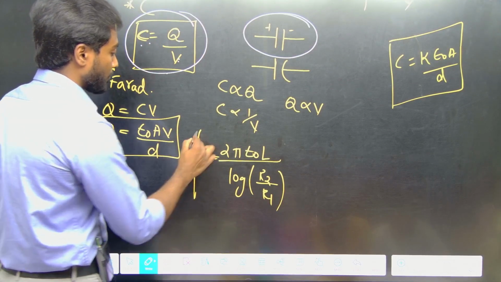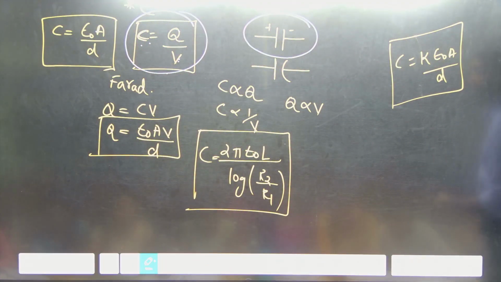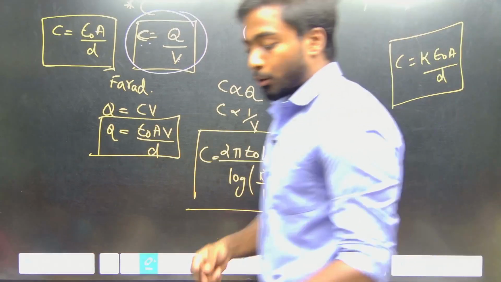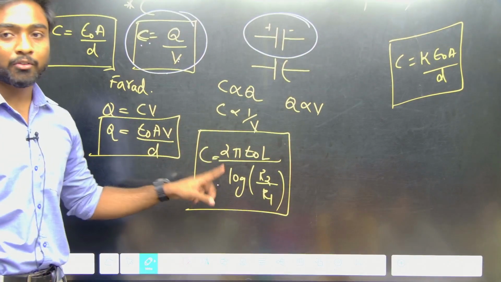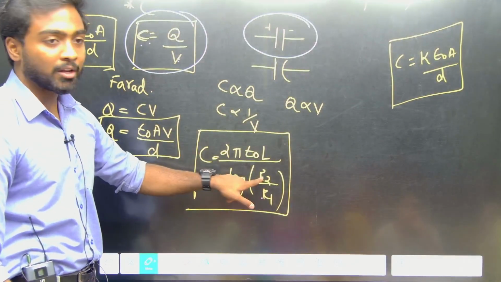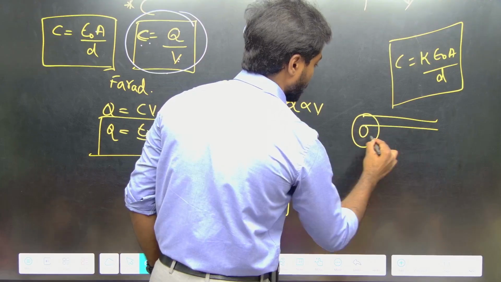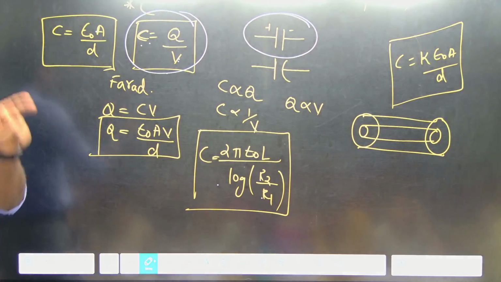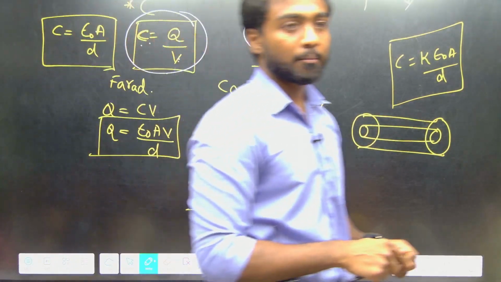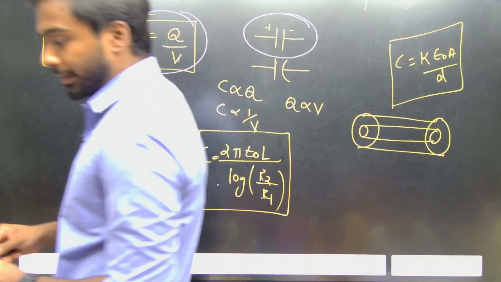This is the capacitance of the cylindrical capacitor. L is the length of the cylinder. Two surfaces will be there, one with radius R1 and one with radius R2, like an outer cylinder and one more cylinder inside. Two plates.